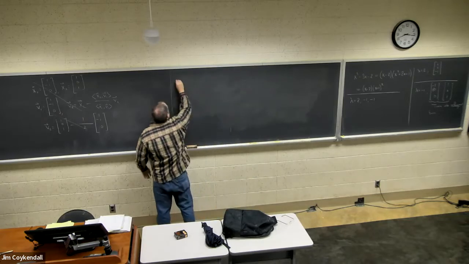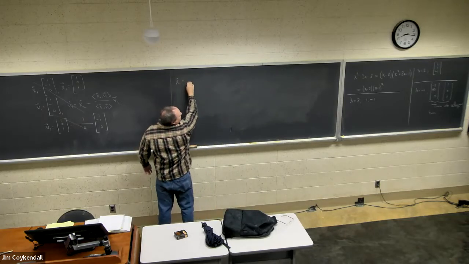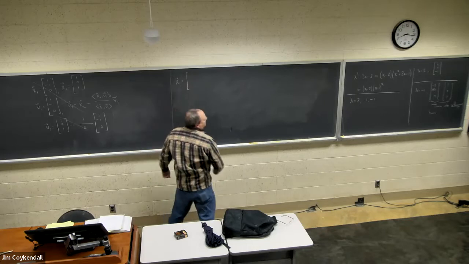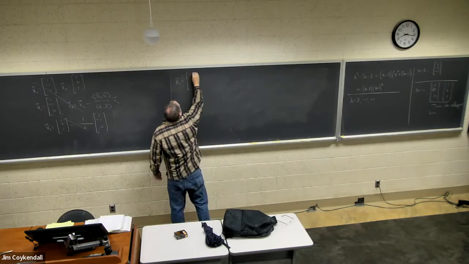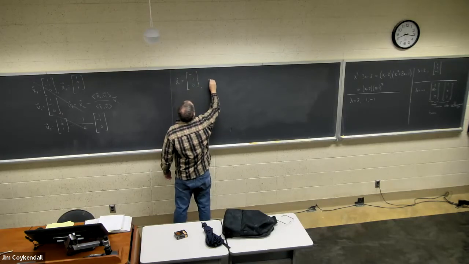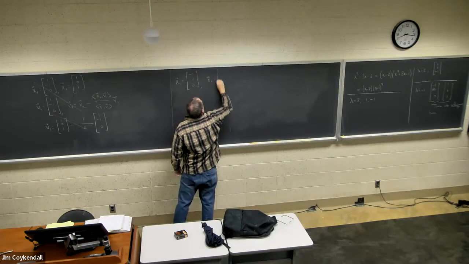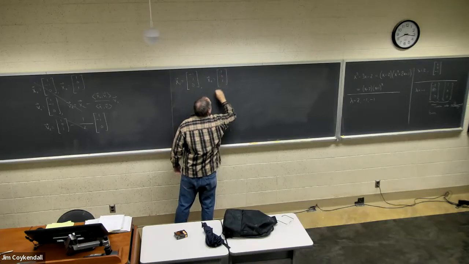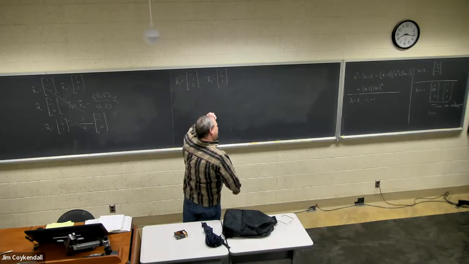Okay, so x1 is (1, -1, 0) and x2 is (1, 0, 1).